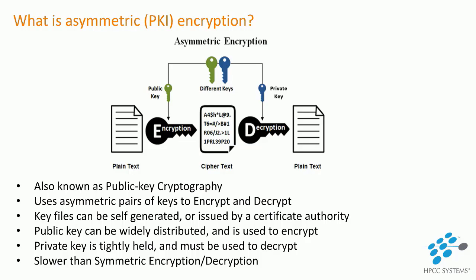The receiver, which holds the private key, uses it to decrypt the data back into plain text or to the data, whatever format it was in originally. This is known as public key cryptography. You've probably seen PKI, which is public key infrastructure. There's numerous three-letter acronyms floating around, but as I said, it has asymmetric pairs of keys to encrypt and decrypt.